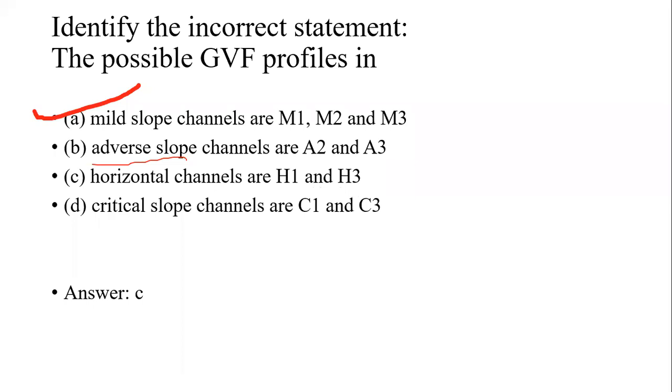It means that region 1 is imaginary and there exist only region 2 and region 3. So like an adverse channel slope, a horizontal channel slope also has only two regions, region 2 and region 3. It means that the statement that horizontal channels have H1 and H3 is an incorrect statement. Okay, got it? Now we'll go for the next one.